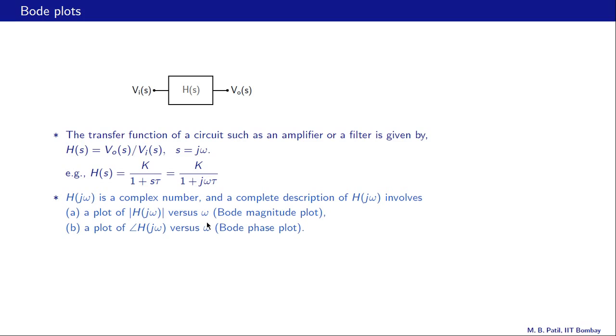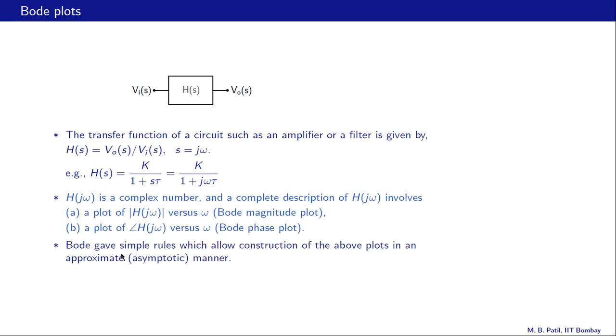This first plot is called the Bode magnitude plot, and the second one is called Bode phase plot. Bode gave simple rules which allow construction of the above plots in an approximate or asymptotic manner, and we will see several examples of these plots.